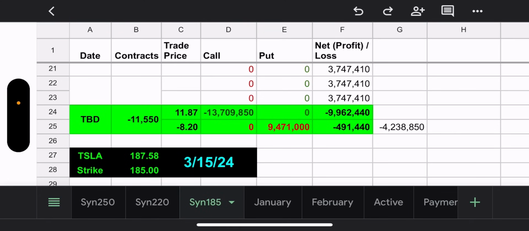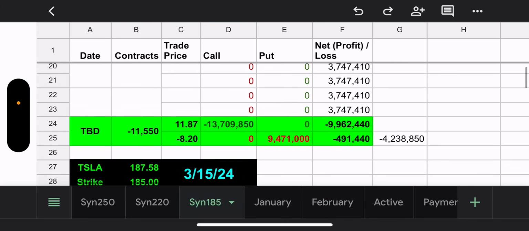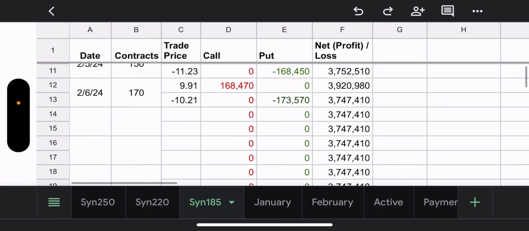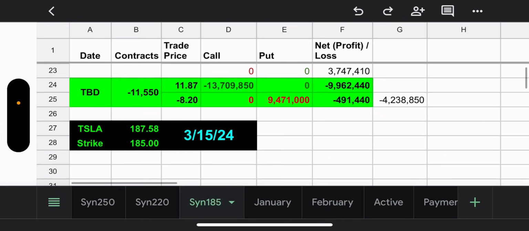Also, by March 15th, they have a 185 strike. Obviously, this one's doing much better because Tesla is priced right above that. This is where they're adding all of their recent transactions. Every time new shareholders come in, they can buy new contracts, and they'll add it right here to this synthetic position. Nothing was added yesterday, as mentioned.